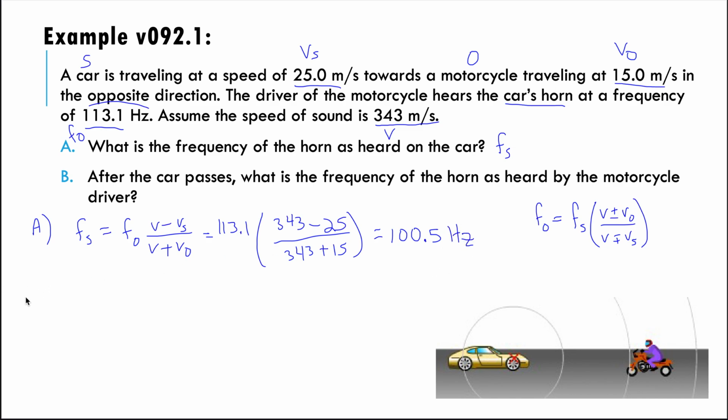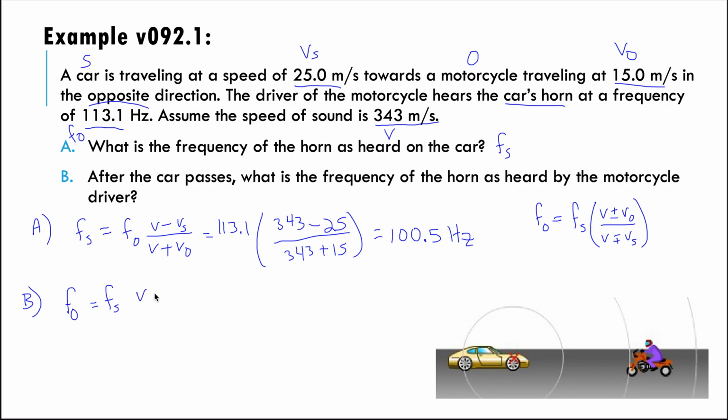Now let's look at part B. After the car passes, what is the frequency of the horn as heard by the motorcycle? So now we're looking for the frequency of the observer. And we know the frequency of the source hasn't changed. And now we want to know what happens when they pass each other. So that means now they're going to move away from each other. So we're going to use the bottom sign in both the numerator and denominator.